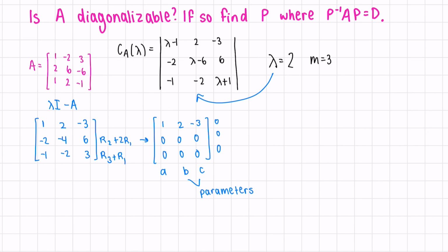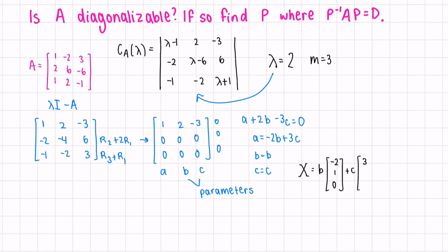Remember, this is a homogeneous system, so we can write this as A plus 2B minus 3C equals 0. Let's solve for A. And our solution to the homogeneous system is B times what? How many B's does A have? -2, 1, 0. Plus C, we have 3 in A, 0 in B, 1 in C.